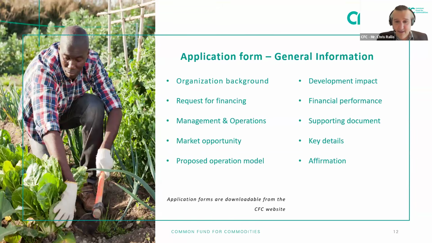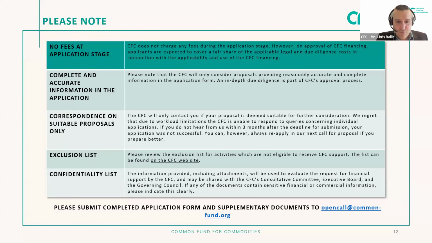Then we can move to the next slide, which is the actual application form. Before we begin, one piece of advice is that less is more. Please try to keep the application within the 20-page limit that we propose, and be concise and clear.